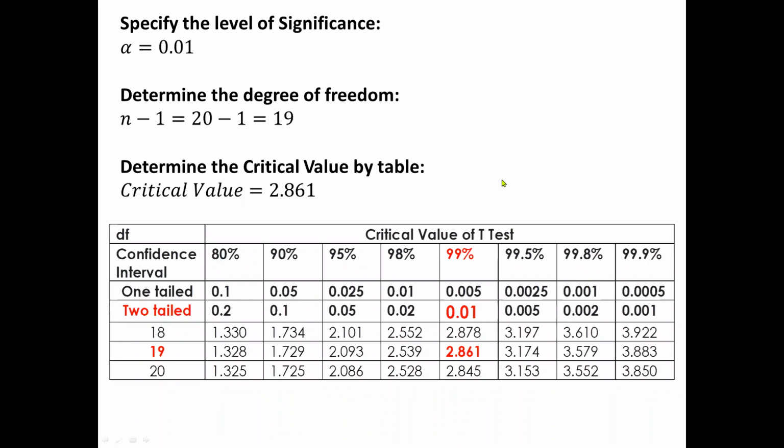Ganyan ang tamang paggamit ng table. Ito yung 0.01 na level of significance natin. Naka-align siya sa two-tail. At below of it, continuation, makikita yung degree of freedom na 19. So yan.